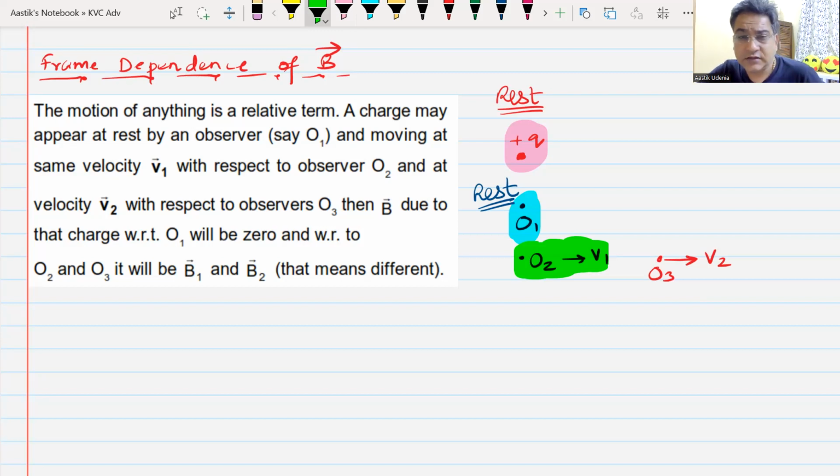He will see electrostatic as well as magnetic field, because in his frame of reference, the charge is not stationary. The charge is moving backwards with a velocity v1. So this observer O2 will see both the electrostatic field and the magnetic field. Let me call that magnetic field as B2.